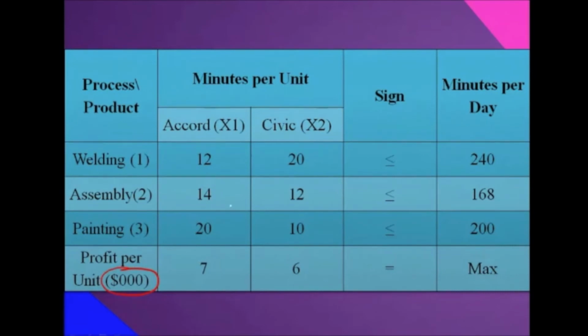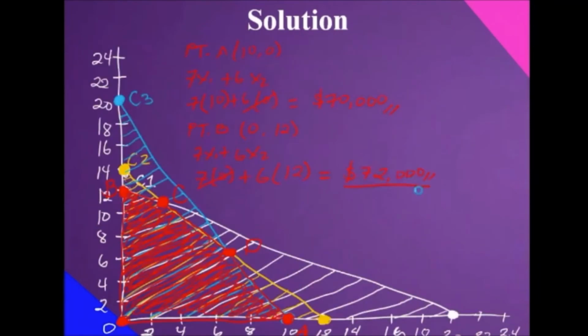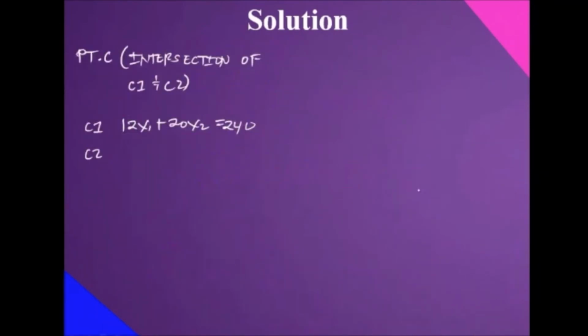Constraint 2 will be 14, 12, and 168. Okay, balik tayo doon sa ating computation for point C. For C2, we have 14 x sub 1 plus 12 x sub 2 equals 168.